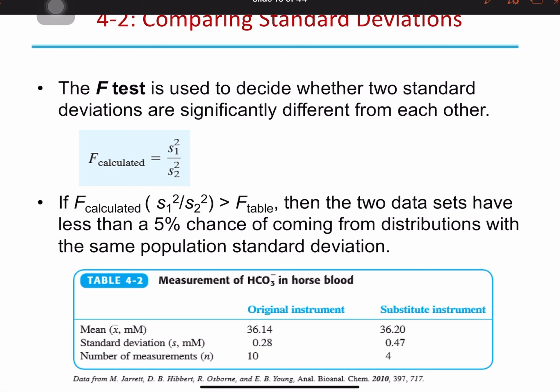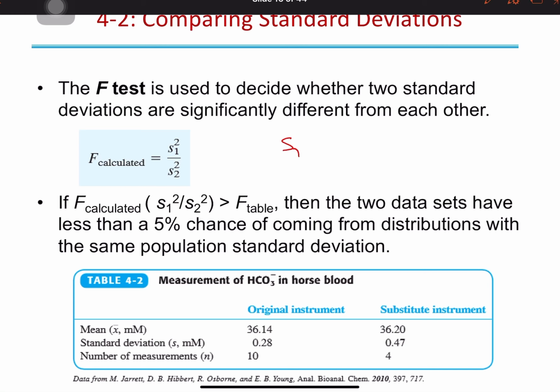F calculated equals the square of the first standard deviation divided by the square of the second standard deviation. So you ran two experiments, and each experiment has a certain mean and a certain standard deviation. You look at the two values of the standard deviation. S1 is usually the one that is higher in value.